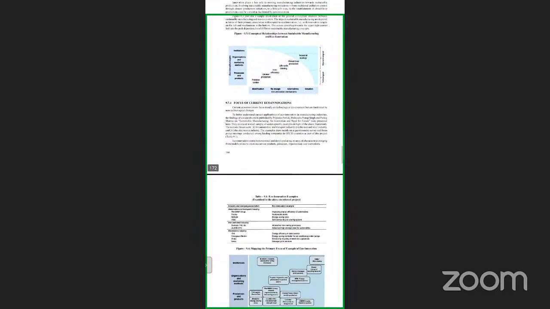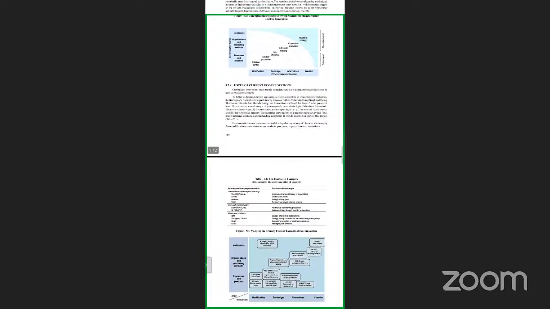Next, focus of current eco-innovations. So when we talk about current eco-innovations, to better understand current applications of eco-innovation in manufacturing industries, the findings of a research article published by Priyanka Phatak, Mahendra Pratap Singh and Pankaj Sharma on sustainable manufacturing and innovation and need for future, which was presented here.